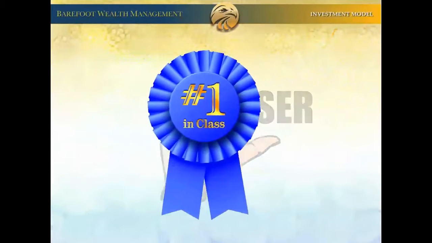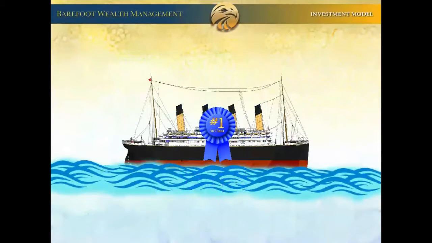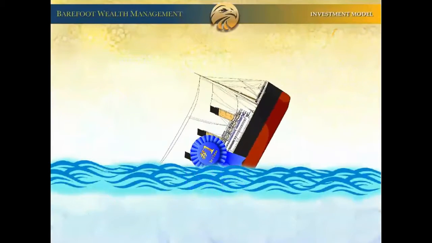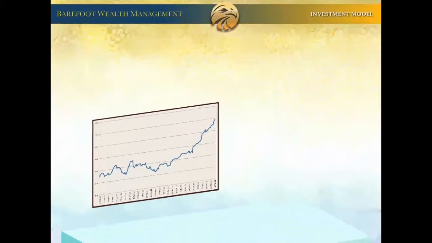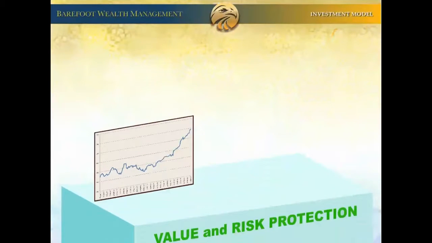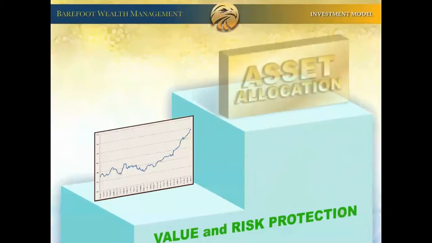In graphic terms, a great stock in a sinking ship will tend to go down because its asset class itself is performing poorly. We acknowledge that the timing of when a position is purchased and the specific security selection does add some value and risk protection, but we do not believe it adds anywhere near as much as the asset allocation decision.